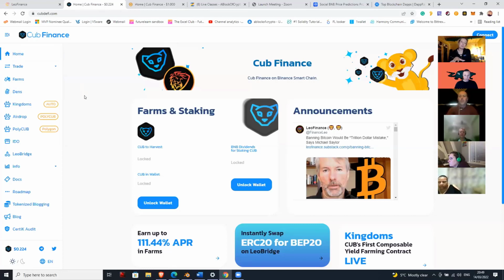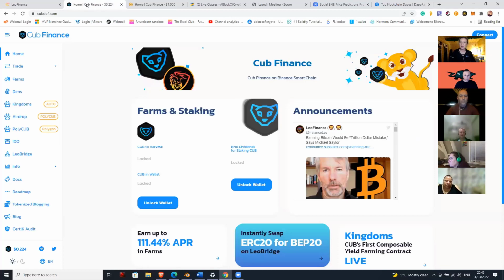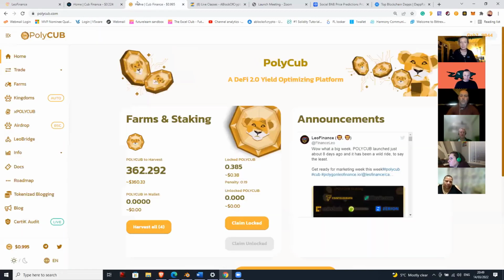Okay, but Binance Smart Chain again is one single chain, and he wanted to build a stack. So to add more value again to his base app, which is LeoFinance, and now his second app, he's built a third app, and this is fairly much like Cub Finance, but it is over on Polygon, and this is called Polycub.